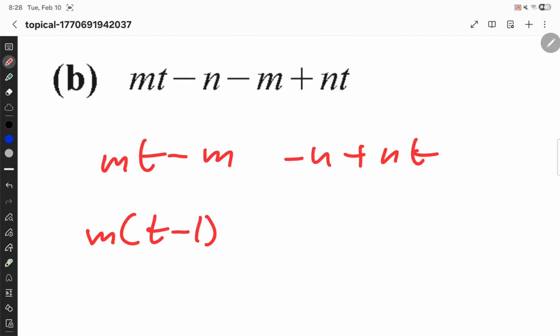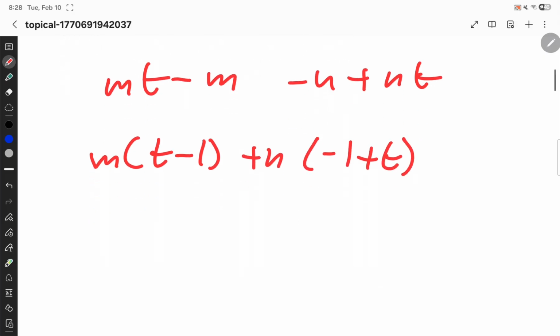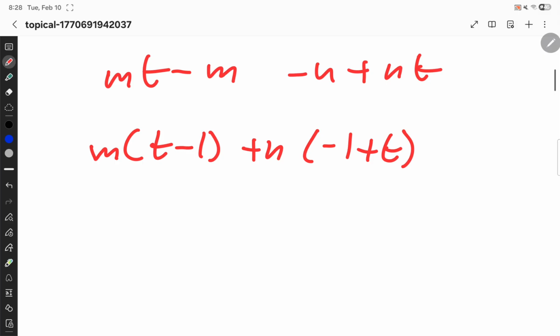Okay, and here we have n common between them. So naturally we might have it like this, but some may be confused as the insides are not the same. But don't worry, they are. Why? Because addition is commutative as well. So don't worry.